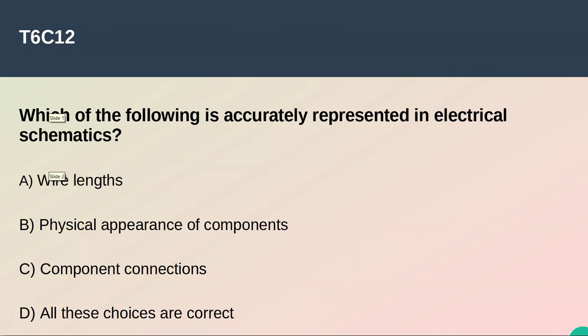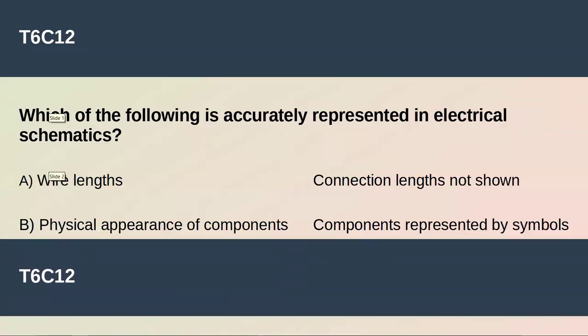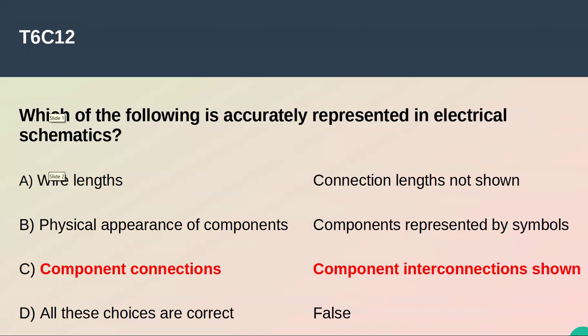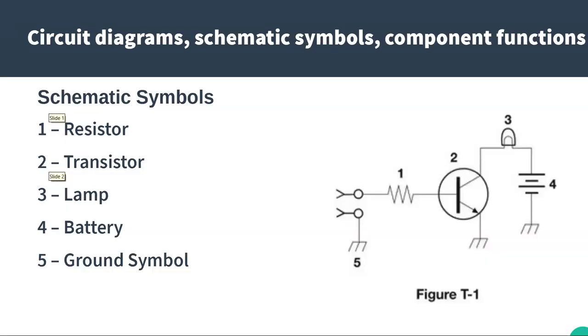Any guesses out there? C. You have schematic representations of the components, not actual physical ones, and we'll get to those here in a slide or two. Basically, it shows the connection between the components.